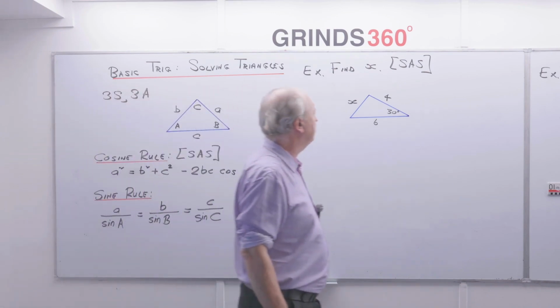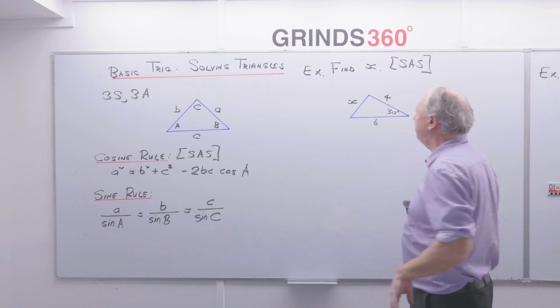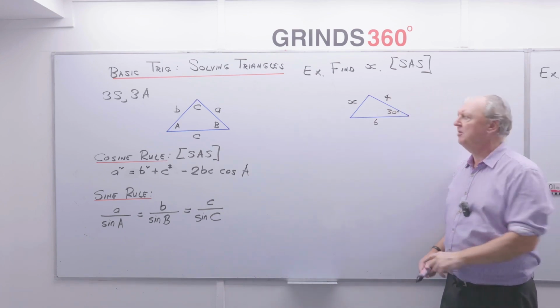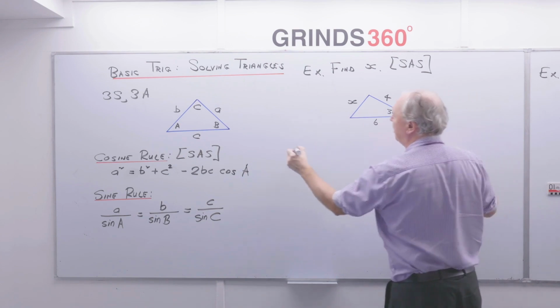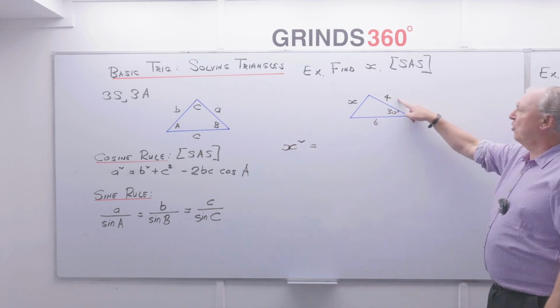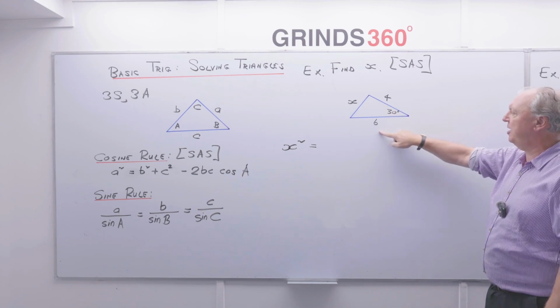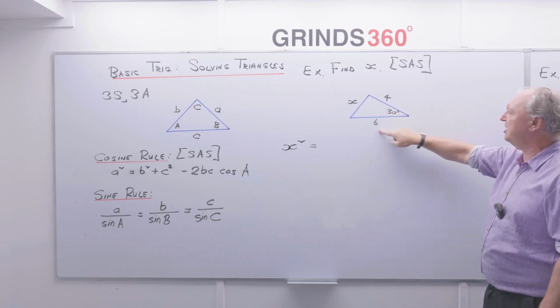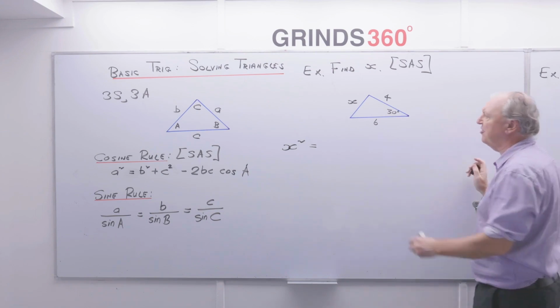So here I go. In this particular example, they want me to find x. It's SAS, cosine rule. So I say x squared is equal to 4 squared plus 6 squared minus 2 times 4 times 6 by the cos of the included angle, 30 degrees.